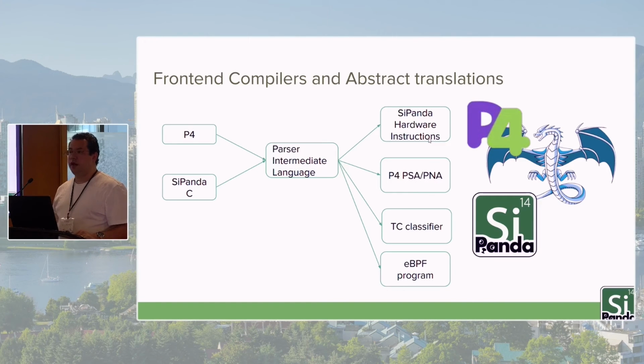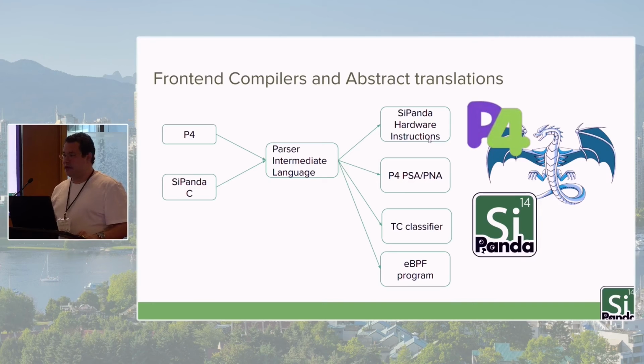We also read actual C code using the declarative SciPanda framework library for the actual parser definition. And we also transform that through a front end to a parser intermediate language. Then we have the backend on this representation, which transforms this parser intermediate language to SciPanda hardware instructions, which are highly accelerated.